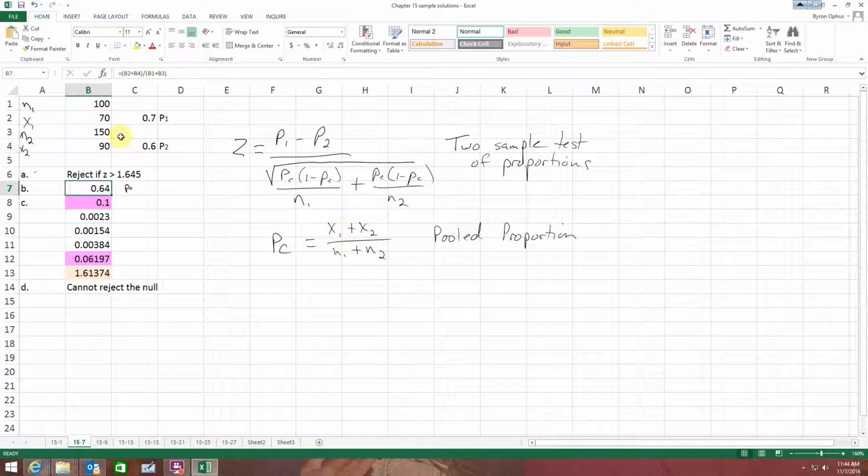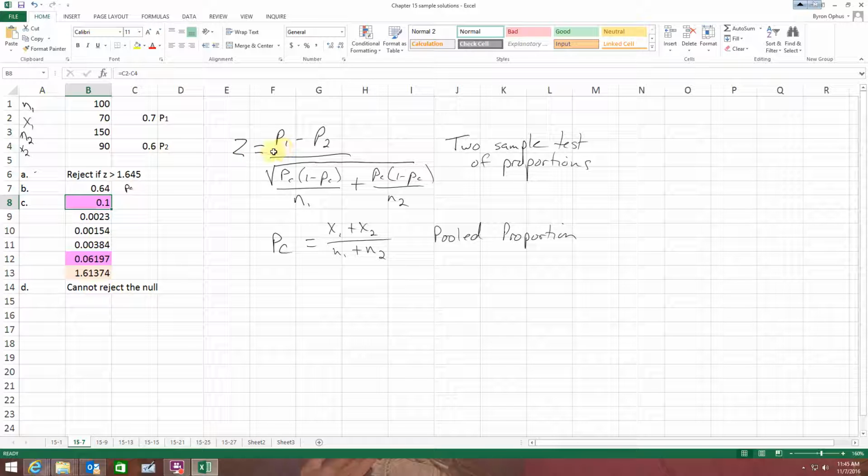So I've got equal to 70 plus 90 divided by 150 plus 100, and we can do that: x1, x2, so 70 plus 90 in parentheses divided by, I gotta have parentheses, n1 plus n2. Boom, so I got 0.64 is my pooled proportion, okay?